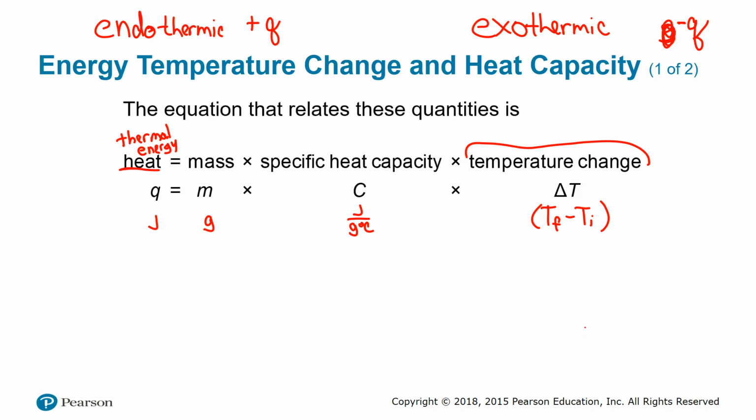What I am going to care about is if your initial temperature, your starting temperature, is bigger than your final temperature, you should have a negative answer. If your final temperature is larger than your initial, you'll have a positive overall answer. So you can have a negative number as an answer for Q.